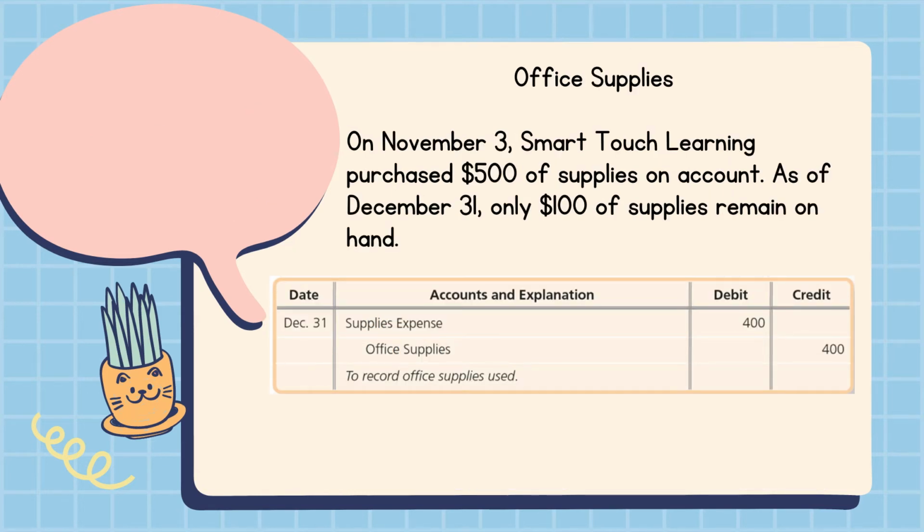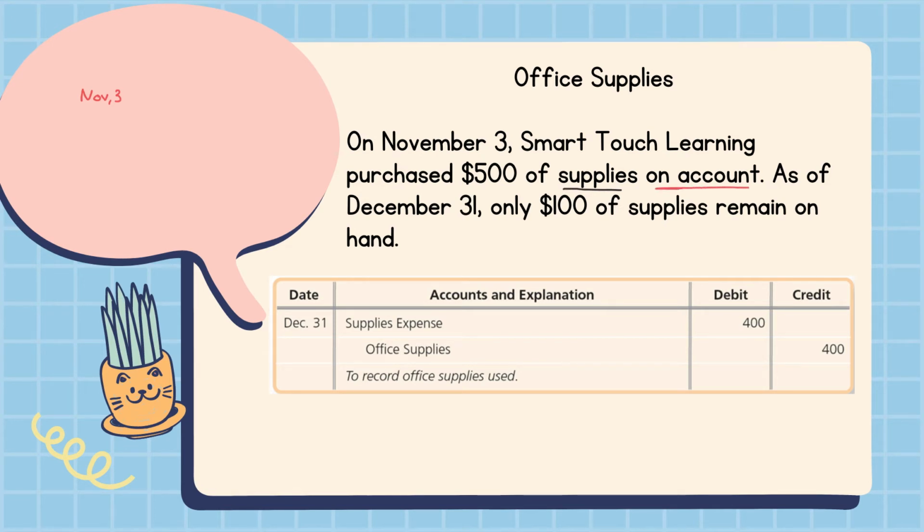Now, the second example on deferred expenses is office supplies. On November 3rd, Smart Dutch Learning purchased $500 of supplies on account. As of December 31st, only 100 of supplies remain on hand. So, on November 3rd, you're gonna record an entry because you purchased supplies on account.